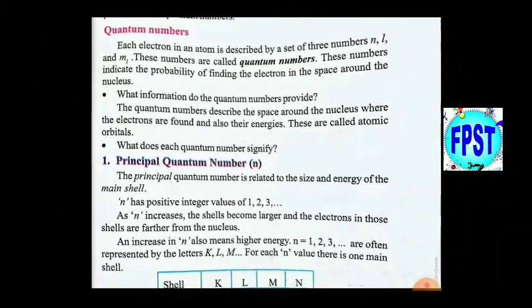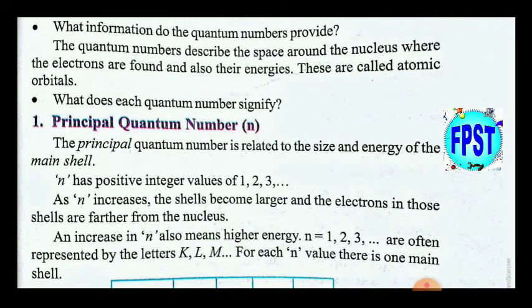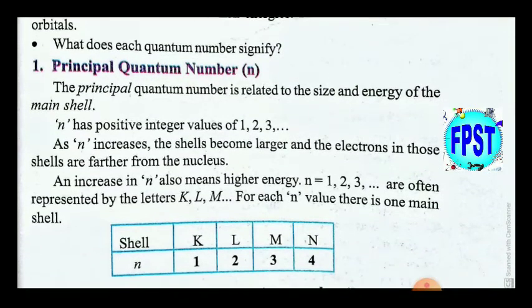Bohr introduced the principal quantum number to explain about the circular paths. The principal quantum number is related to the size and energy of the main shell. It takes the values 1, 2, 3, 4, the positive integers. For the first shell, the n value is 1 and it is called the K shell.